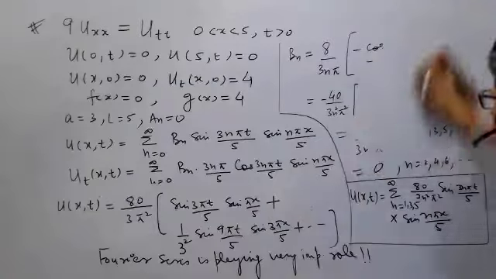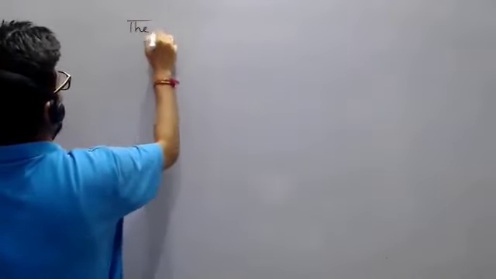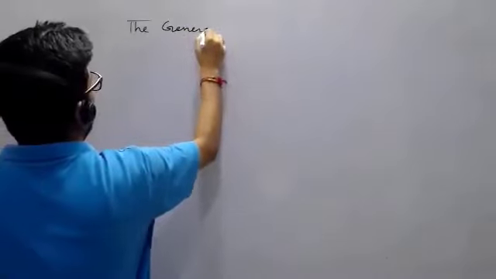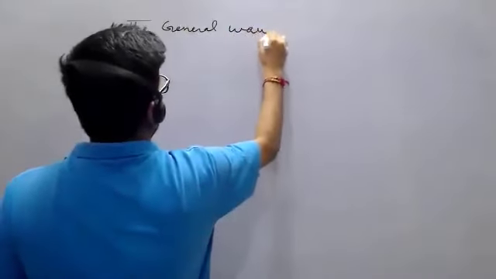So let me erase this. Okay. So I took undamped wave equation and you have seen that the solutions are in the form of sine and cosine, which is not the realistic case. In real life, what will happen? So I should write the general wave equation.